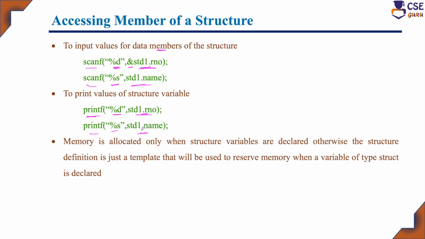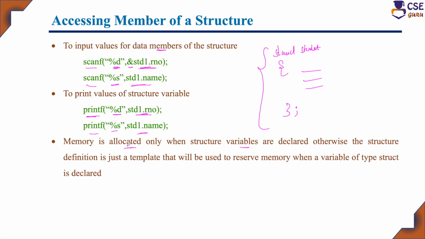Here, whenever you are declaring a structure, memory is allocated only when the structure variables are declared. Otherwise, the structure definition is just like a template. If you are declaring struct student and specifying the data elements, that is like a template only.